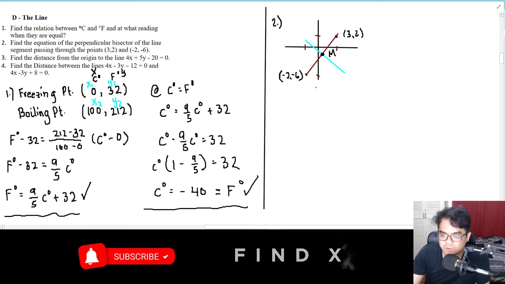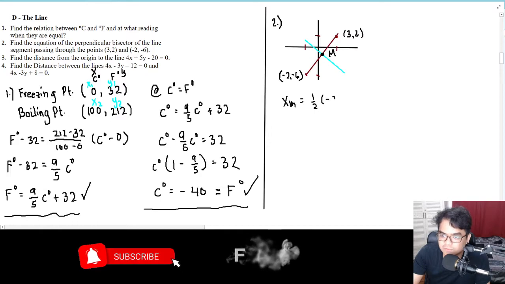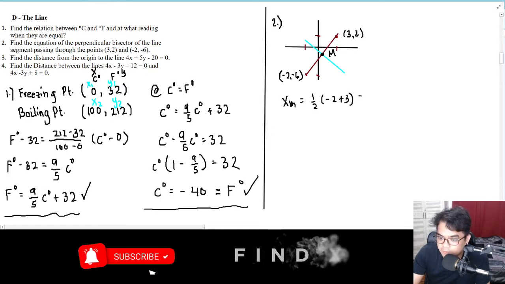So let's try to get the midpoint first. To get the midpoint M, xm is equal to 1/2 of negative 2 plus 3, so this is 1/2.